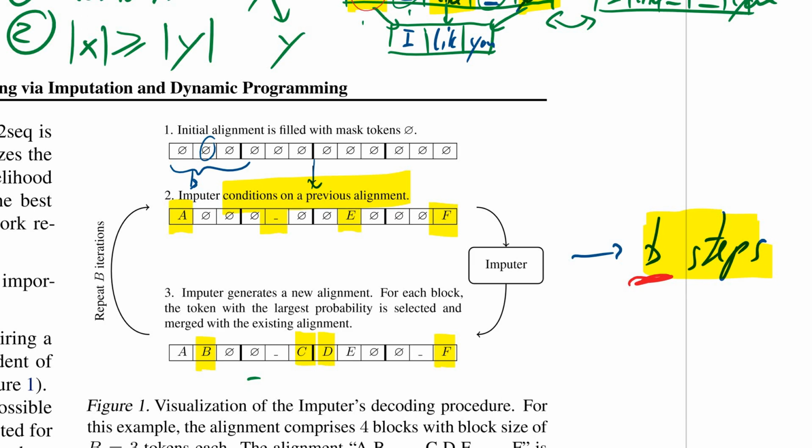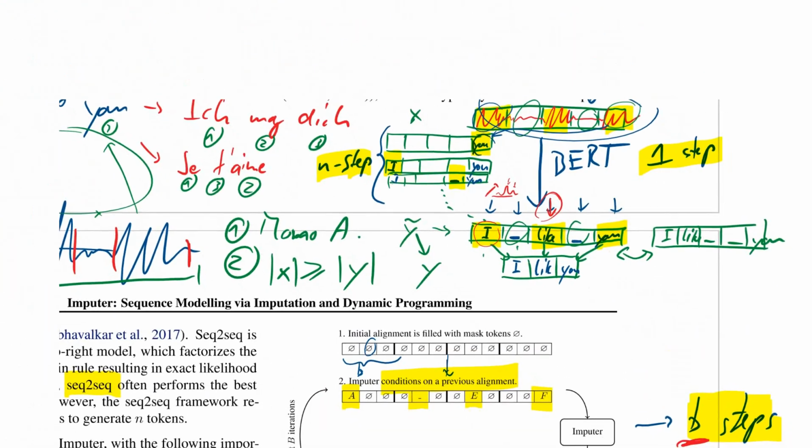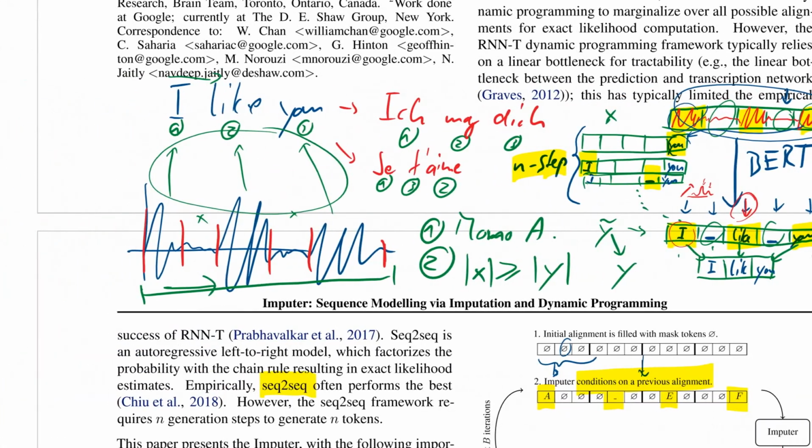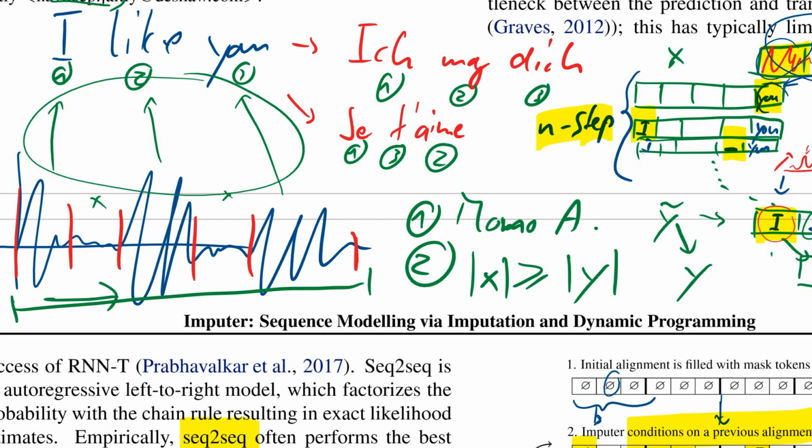So I think the bigger point to understand here is how to actually use the assumption that there is a monotonic alignment, right?